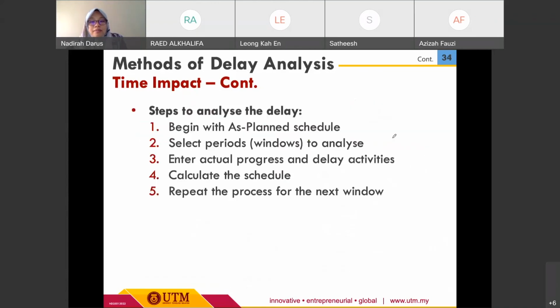Okay. To start the analysis, basically we will directly use the software, beginning with the as-planned schedule, and select periods or windows. That's why it's important for the time impact windows to analyze, enter actual progress and activities, update the schedule and repeat the process for the next window or next activities.